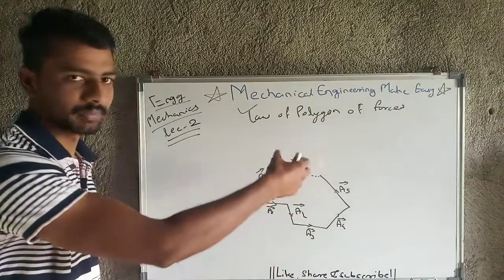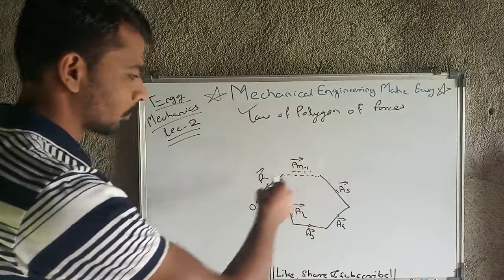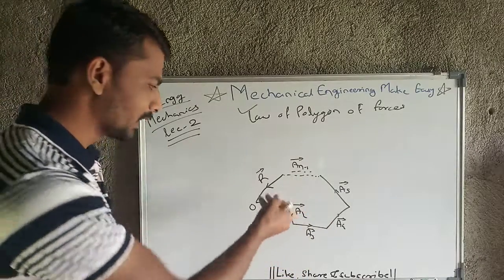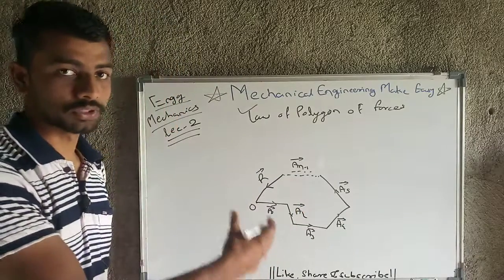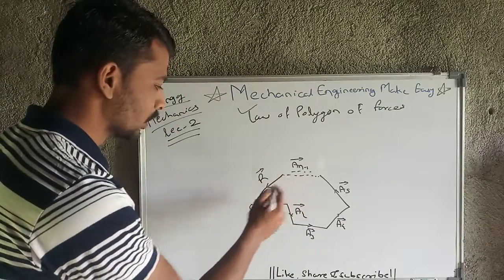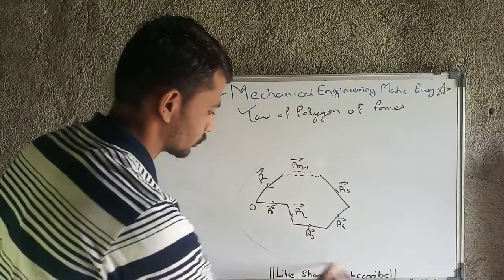Likewise if there are n minus 1 forces, they will form one polygon, but to complete that polygon we need one extra force, and that extra force which closes the polygon is nothing but the resultant force of all the forces.